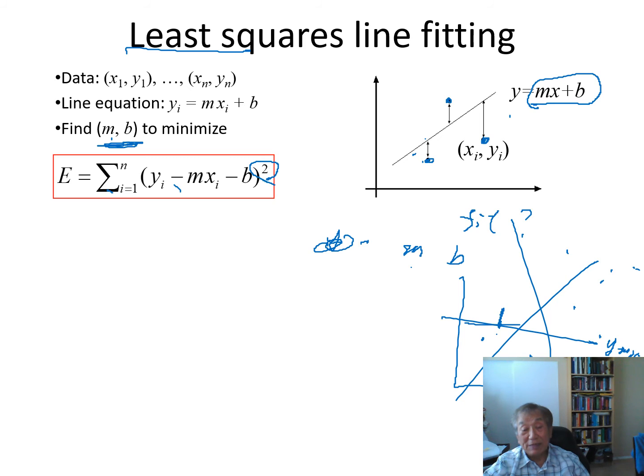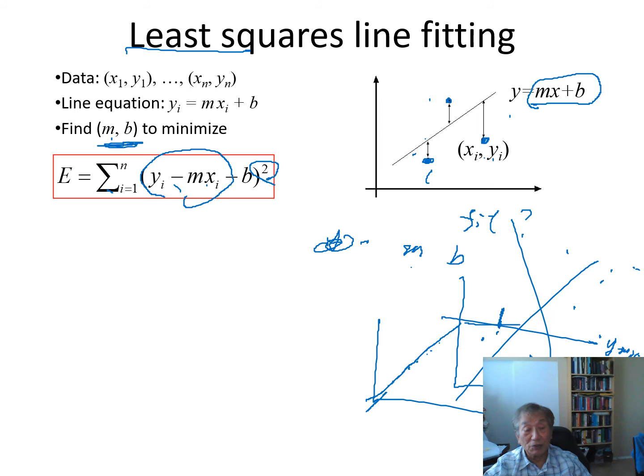The best case is that everything is perfectly aligned on the line, then those differences will be 0. Here we have an x value and a y value, like that. This is what we are expecting.